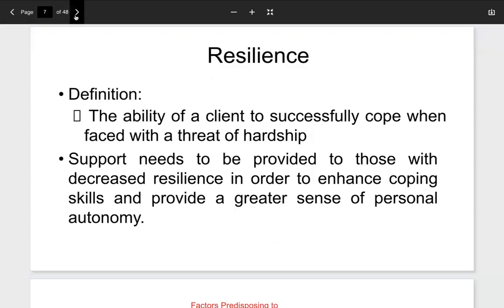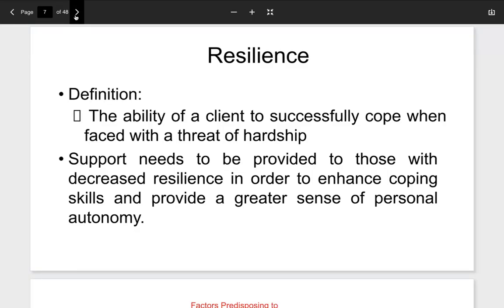So resilience, on the other hand, is the ability of your client or the community that you're working with to cope with the hardships, so the reality of the hardship or the threat of the hardship. So even if you're thinking about your particular topic for your capstone, part of the needs assessment was to determine the barriers and the limitations, but also the strengths of this community, right?